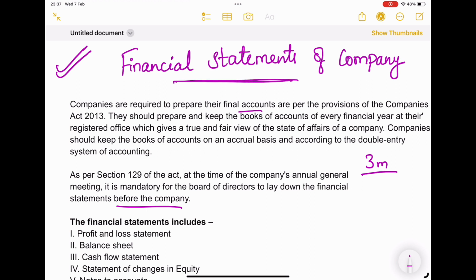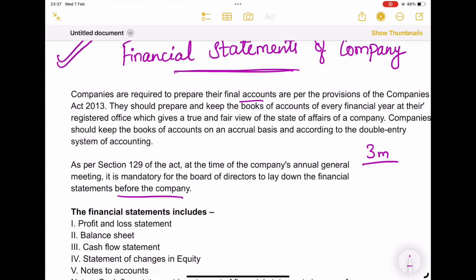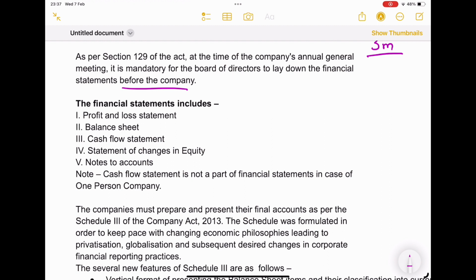Okay, next. As I told, financial statement means not only the P&L account and balance sheet, it also includes the cash flow statement, statement of changes in equity, and notes to accounts.